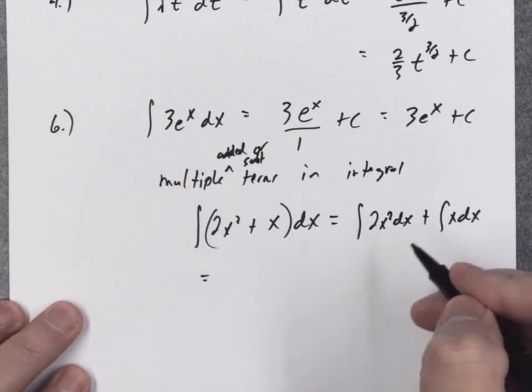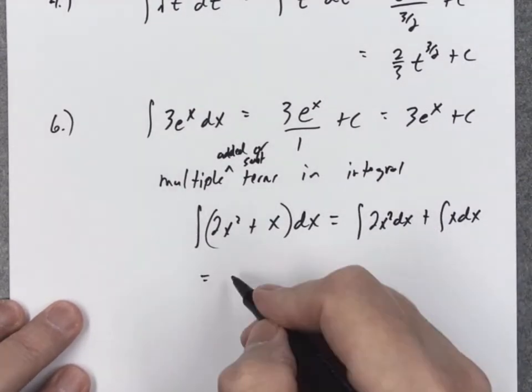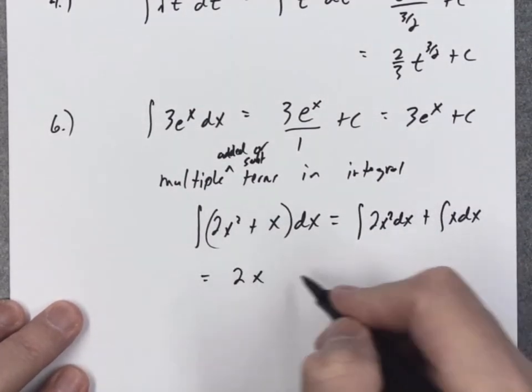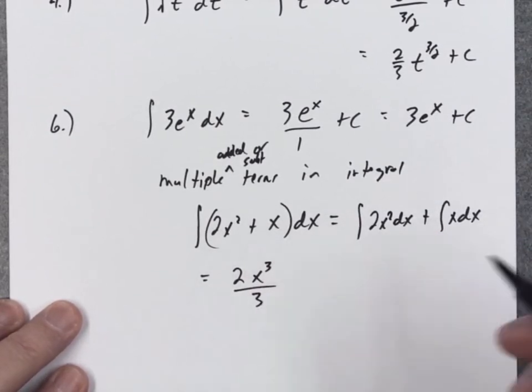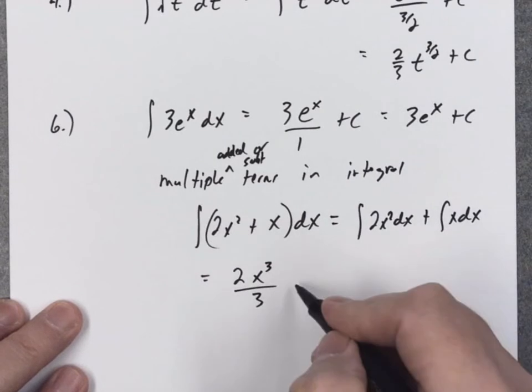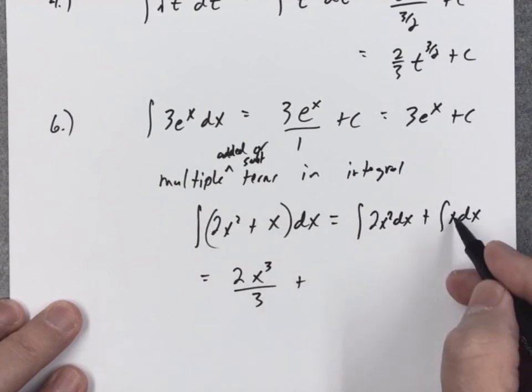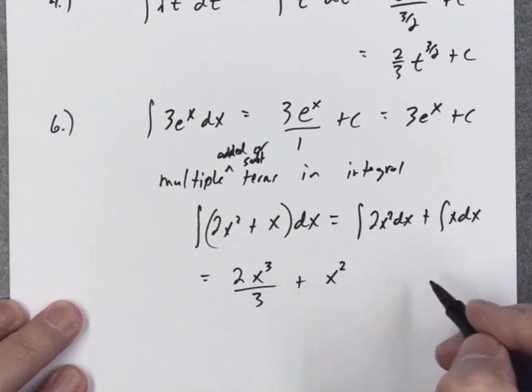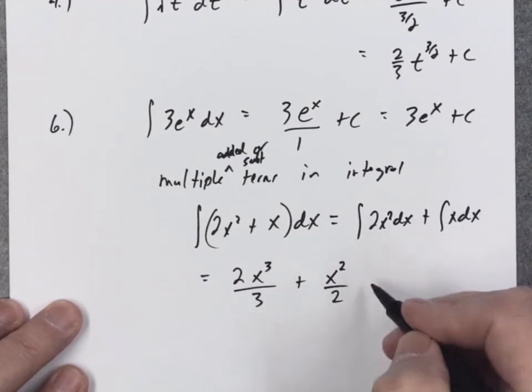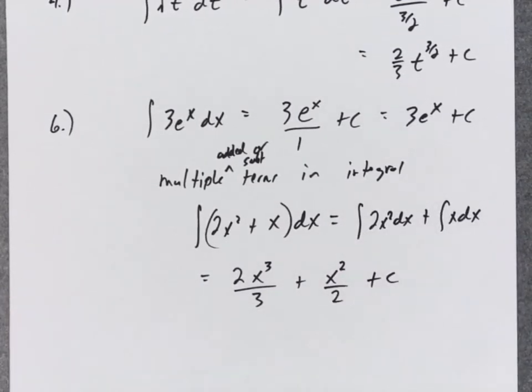So in other words, you would say, well, 2x squared dx, the 2 tags along. Power rule says you add 1 and then divide by the new exponent. And integral of x dx, power rule, add 1, divide by the new exponent, and then at the very end, you would put your constant.